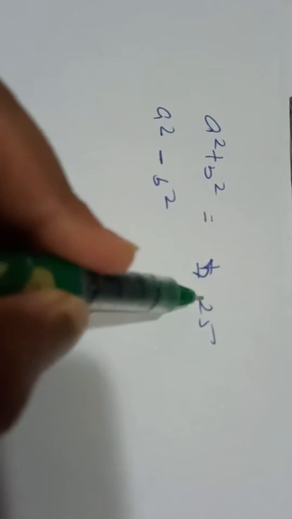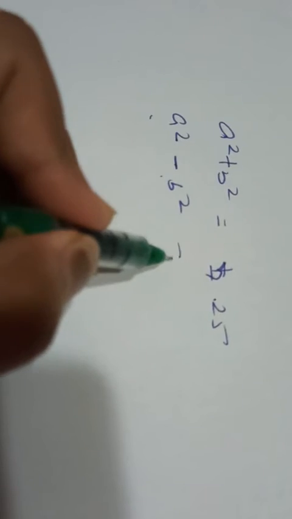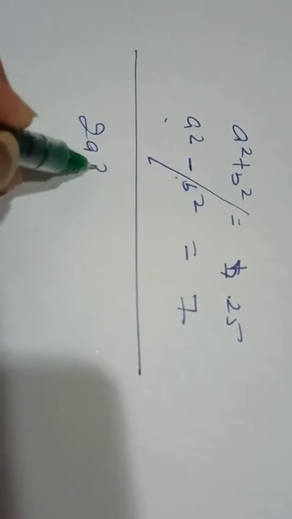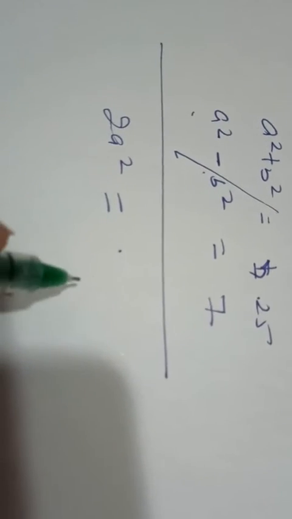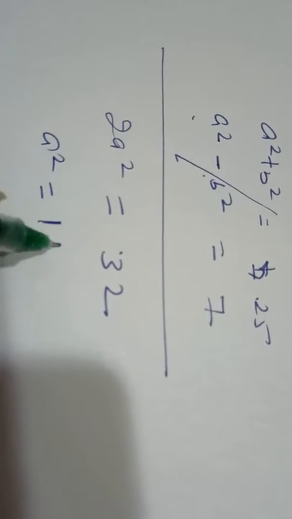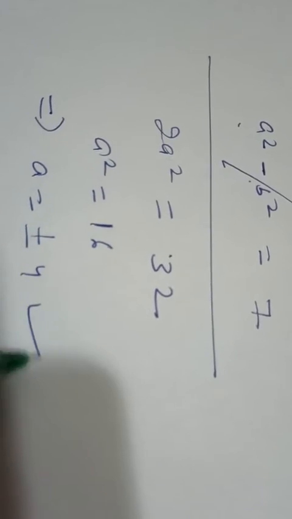So a square plus b square comes out 25, and a square minus b square was 7, so the value of this 2a square is 32, and a square is equal to 16, so you get two values of a, that is plus minus 4.